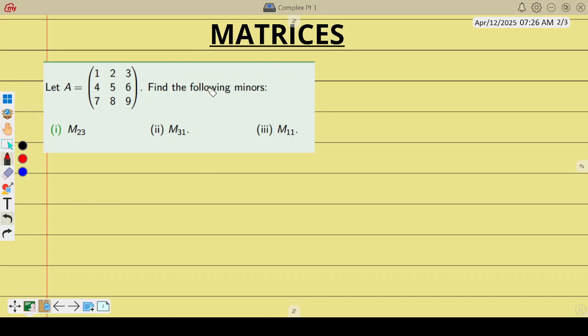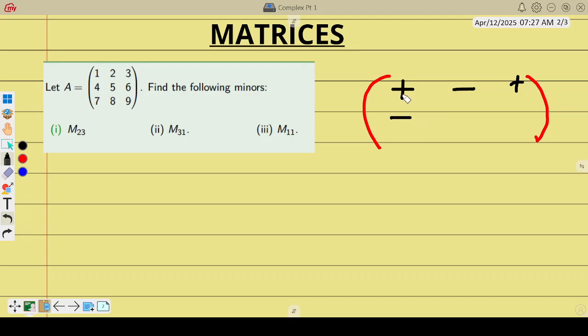So find the minors of the following. So now how do you find the minors? Firstly, in a 3 by 3 matrix, you have to know that the cofactor of the first is positive, here it's negative.